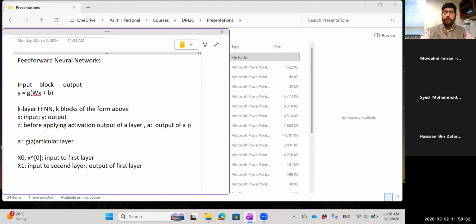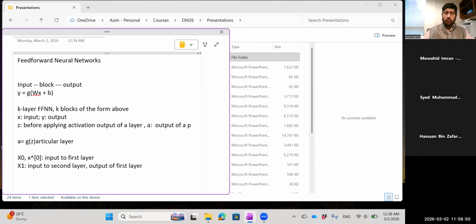Okay? So if you use this notation, then we can have a very consistent formula for our feed-forward neural network.